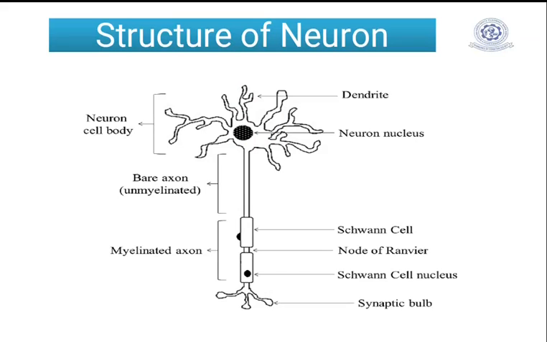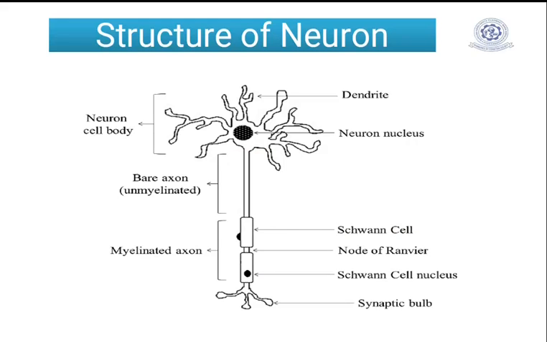Axons not covered with a myelin sheath are known as unmyelinated, and axons which are covered with the myelin sheath are known as myelinated axons. Schwann cells make up the myelin sheath. The gaps in between the myelin sheath are known as nodes of Ranvier.